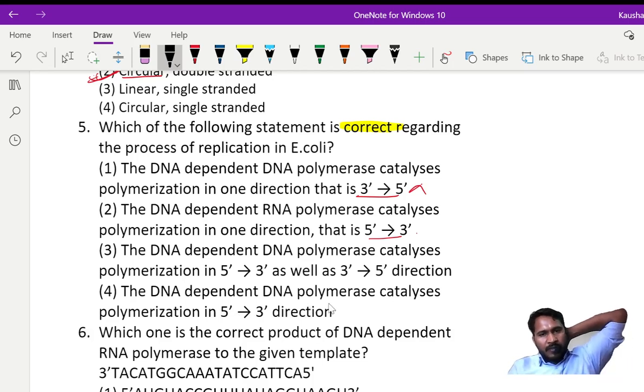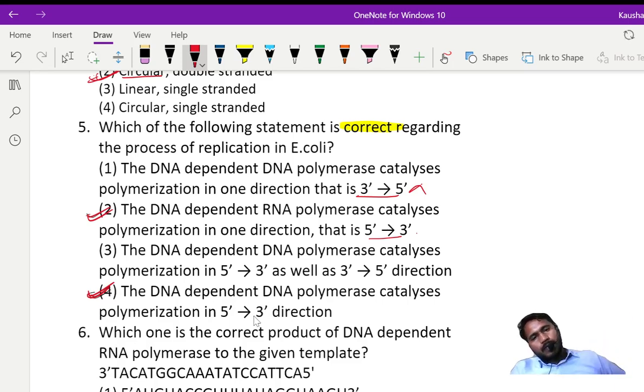Oh, little tough. Why is it? Because these two options are both correct. Now at this time you have to think about what you have to go with. You can challenge these questions. DNA dependent RNA polymerase catalyzes the polymerization in one direction, that is 5 prime to 3 prime direction, that is correct.